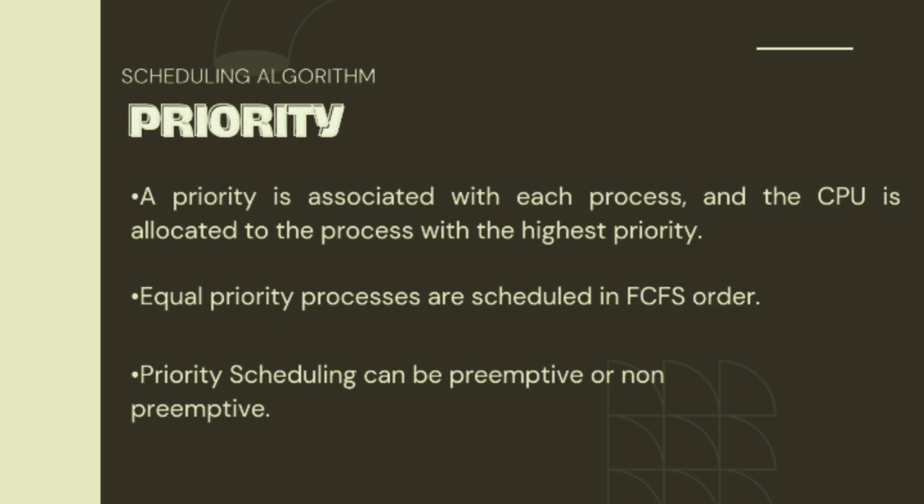Priority CPU scheduling organizes tasks according to importance. When a task with a lower priority is being performed while a task with a higher priority arrives, the task with the lower priority is replaced by the task with the higher priority, and the process is stopped until the execution is finished.